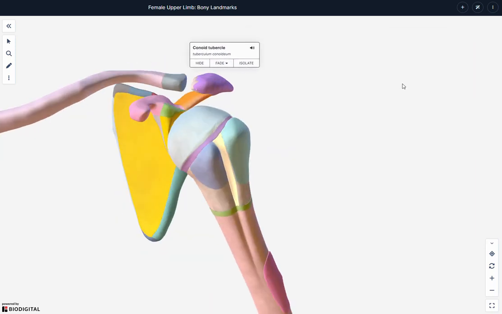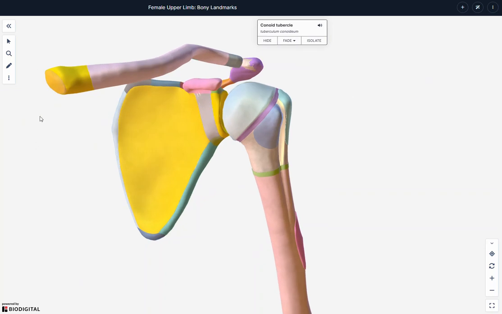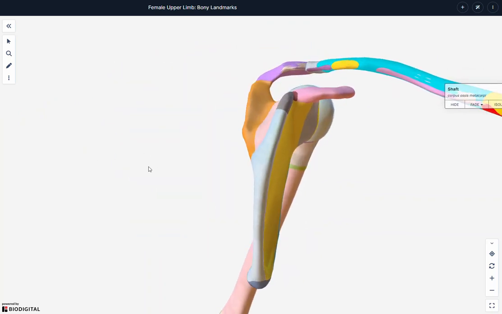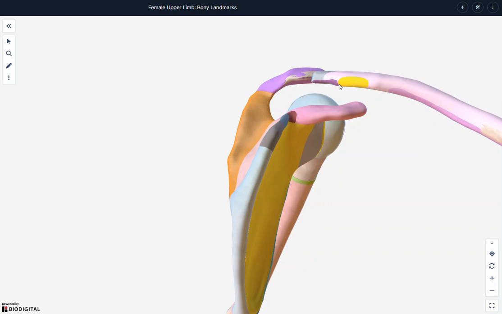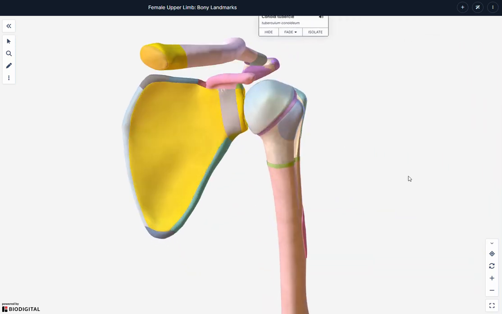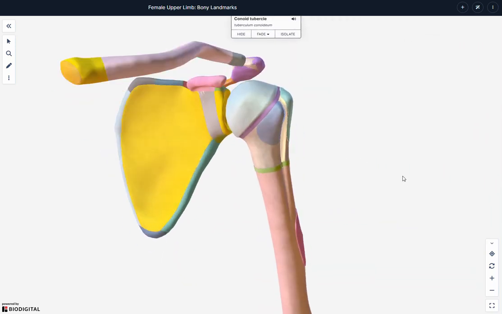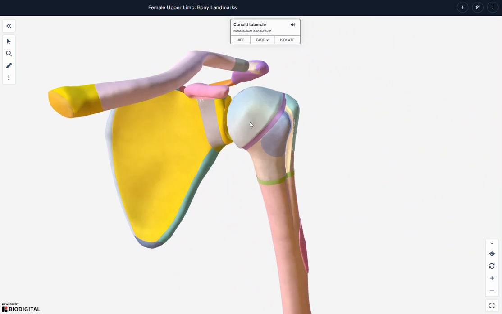So I think on our clavicle, what we'll want to focus on is knowing the sternal end and the acromial end, which is easy, right? And the shaft. And then we'll keep a lookout for that little conoid tubercle on our images. Other than that, the clavicle's not all that in depth.